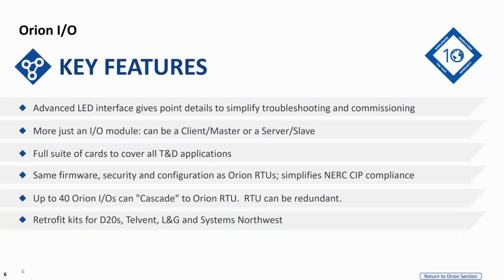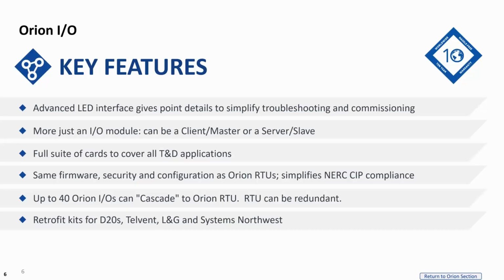Some of the key features of the Orion I/O are that it has an advanced LED interface that gives the user point details and simplified troubleshooting and commissioning. In addition to server protocols, it also has the ability to talk to other IEDs using client protocols. The I/O has a full set of cards to cover transmission and distribution applications.